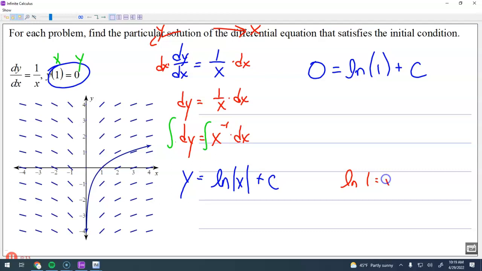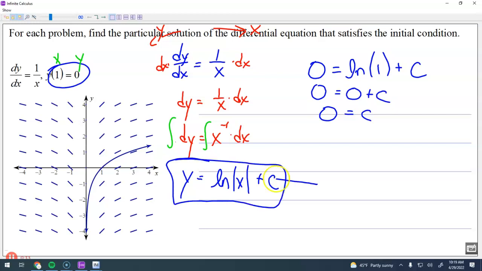Natural log means a base of e, and your little circle pattern tells you e to what power gives you 1. The power that always gives you 1 is 0. So that's why this is 0. Then I get 0 equals 0 plus c, so c equals 0.